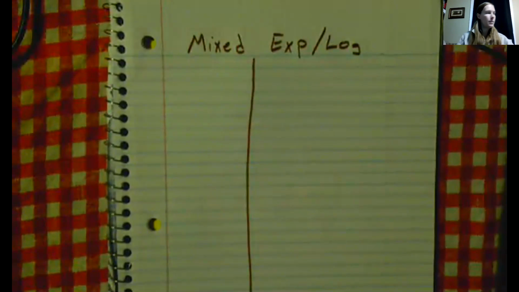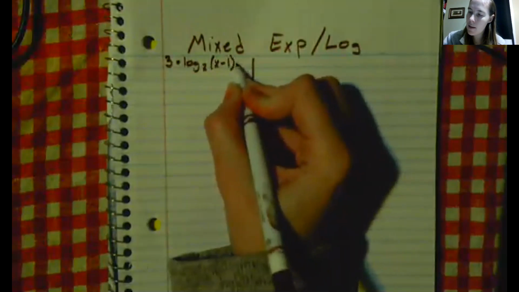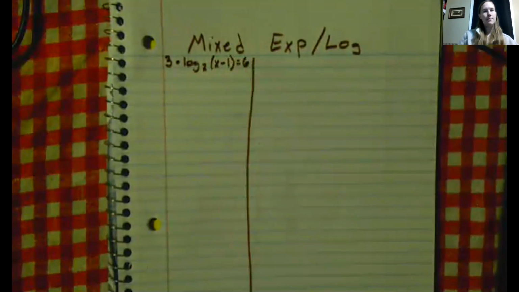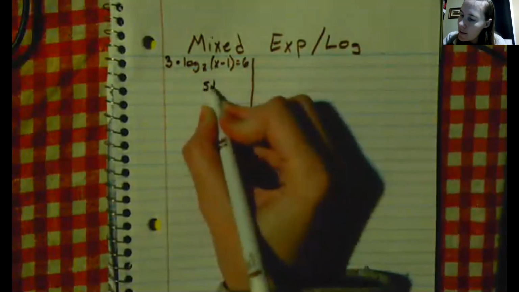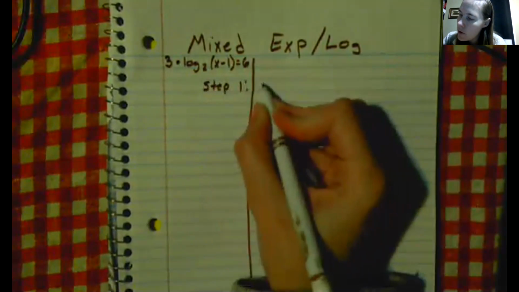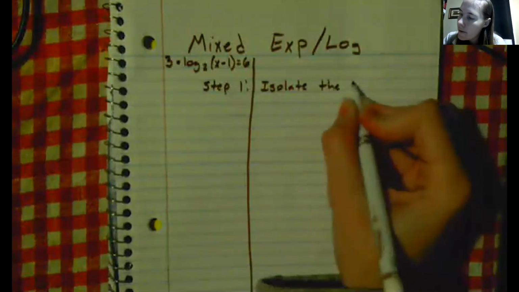So our first example, say we have a logarithm, and we have 3 times log base 2 of x minus 1 equals 6. So there's a whole lot going on here. The first step we want to do for this is normally we rewrite, but here, step 1 is going to be to isolate the log.